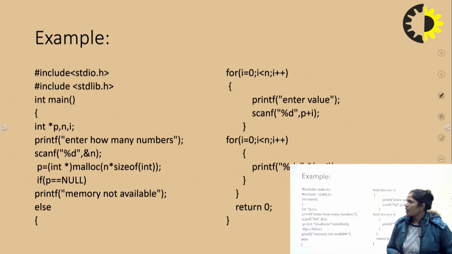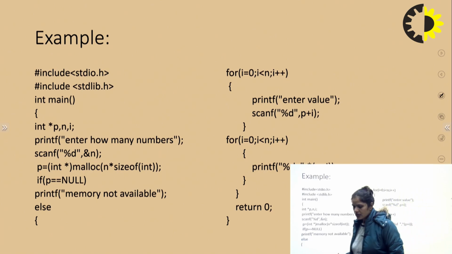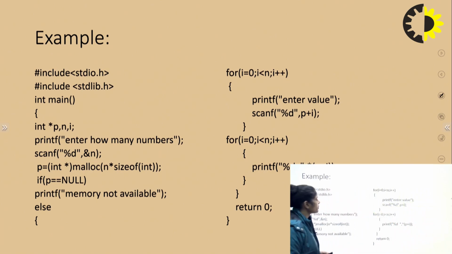Here we are taking a very easy example to understand the core concept of the malloc function. As you know, stdio, that means the standard input output library, is used to implement the core concepts of the C language like printf and scanf.